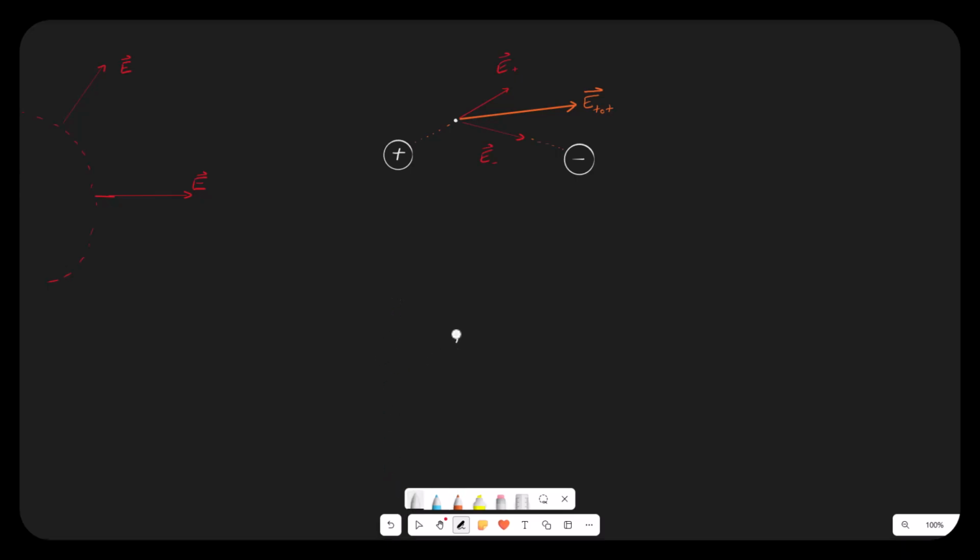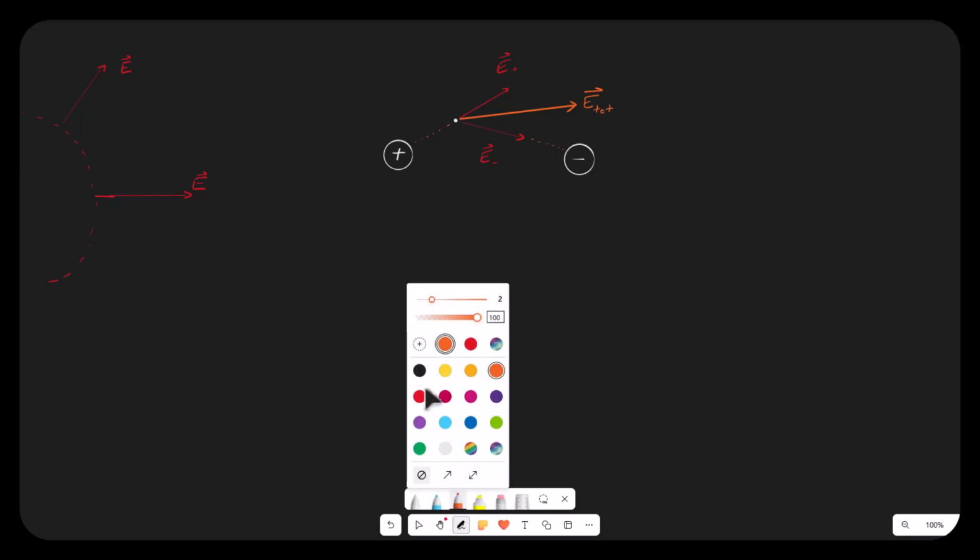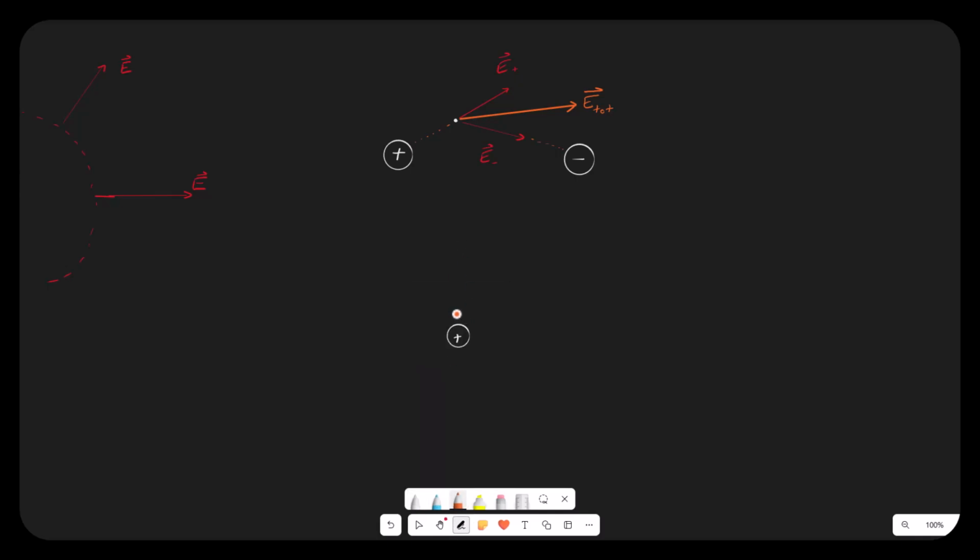When I have just a positive charge sitting somewhere, it puts out electric fields that are radially outward from itself. And when I put a negative charge, it's going to look very similar, but it's going to give radial fields that are inward.